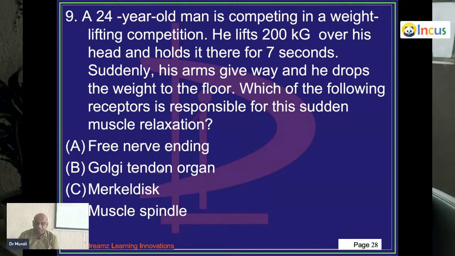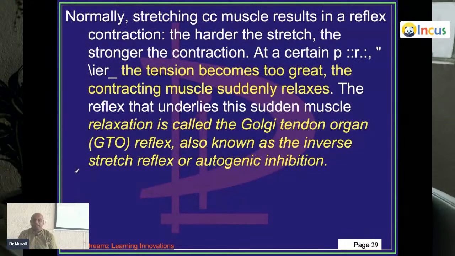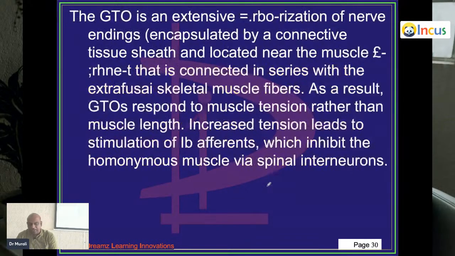It is the Golgi tendon organ that you need to basically remember. So the Golgi tendon organs, typically whenever there is a sudden muscle relaxation, are the ones which basically stimulate. And that is called inverse stretch reflex, otherwise called autogenic inhibition.